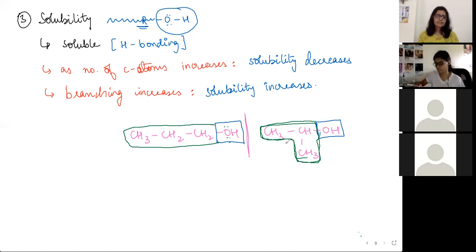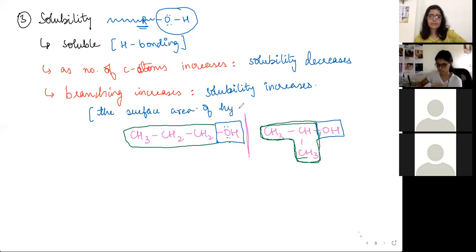If you had to put it simply in a single sentence, you can say it is due to the decrease in the surface area of the hydrophobic part.